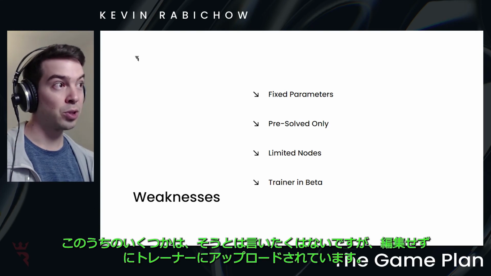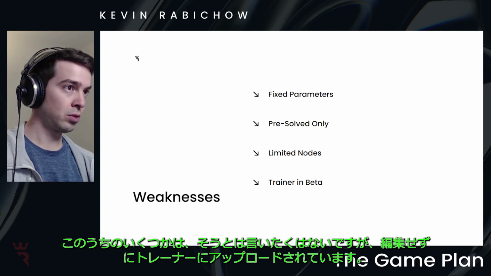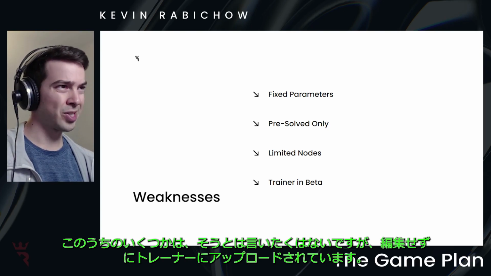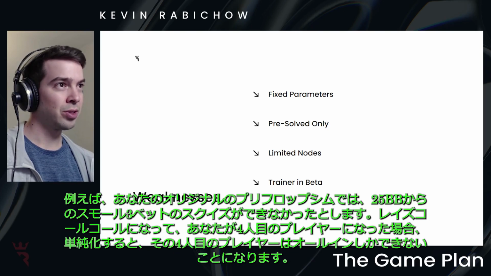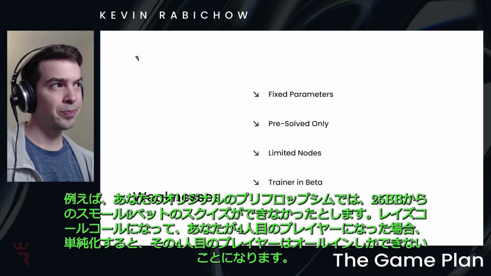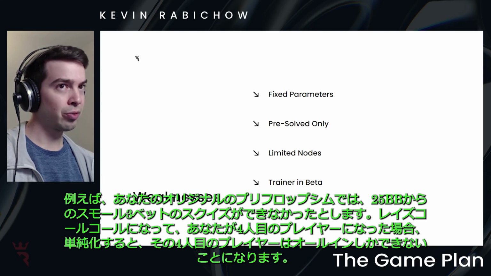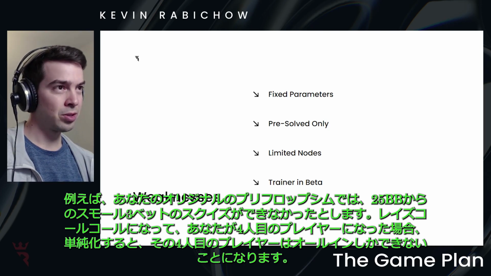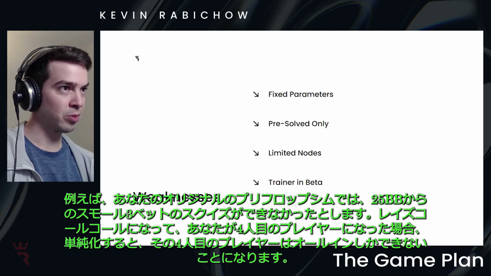Some of this has been uploaded to the trainer without, I don't want to say without editing, but let's say, for example, your original preflop sim did not allow for a small 3-bet squeeze off of 25 big blinds when it goes raise, call, and you're the 4th player into the pot or something.